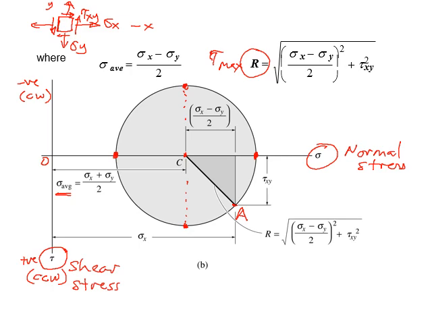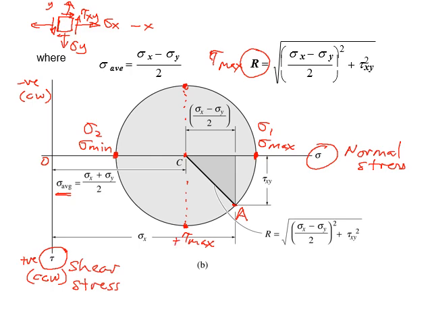In other words, this point here is sigma max, or if you follow other textbooks, it's written sigma 1. And the left here is sigma min, or sigma 2. So you have sigma max, sigma min, and you have tau max here, which is positive.